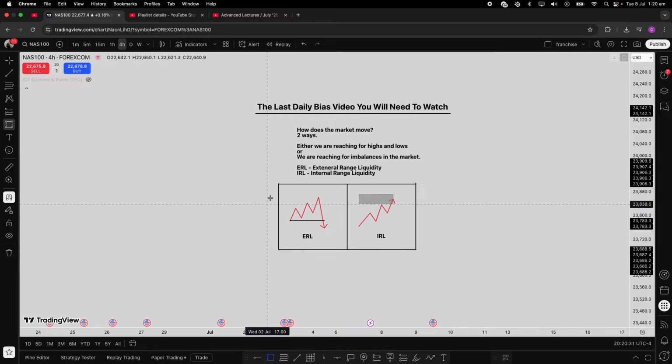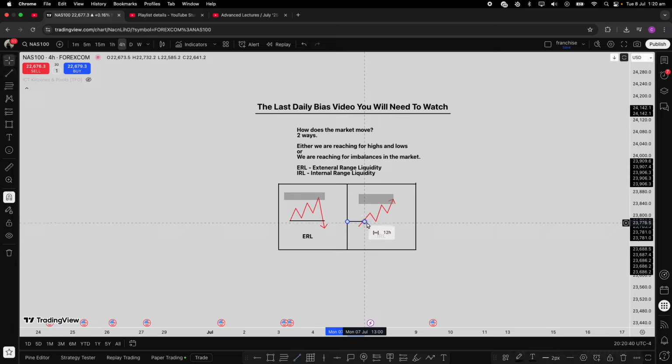So this will be IRL here, and at the bottom right here would be some sort of ERL that we've taken. I know this drawing's a bit off, but you get what I'm trying to say. All the market does is move from ERL to IRL and IRL to ERL.